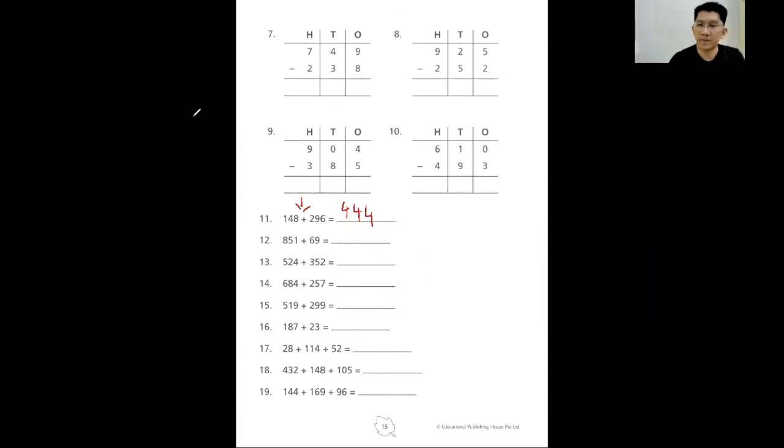Now, number 12. So what do we do with number 12? We are doing the same thing. We're going to write the numbers in this format. 851 and then 69 right at the bottom here. We don't write the 6 below 8 because 6 is the tens. It belongs to the other tens, so they are together.